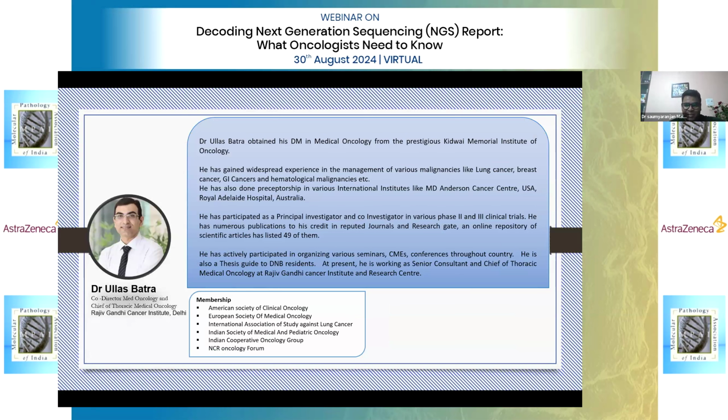He has wide experience in managing solid malignancies, including lung, breast, and GI cancers, and also hematological malignancies. He is a preceptor from various international institutes like MD Anderson and Royal Albert Hospital in Australia. He has been co-investigator, PI, and co-PI in many phase 2 and phase 3 clinical trials, with numerous publications to his credit. He also supervises DNB residents as a thesis guide and has organized many CMEs. So he will be moderating today's session regarding decoding the NGS report.